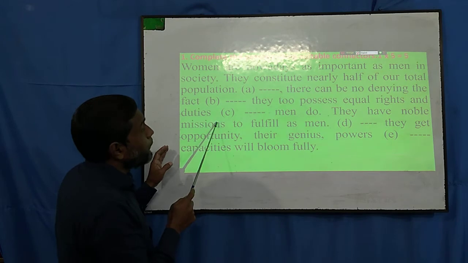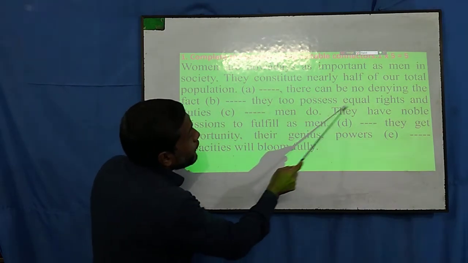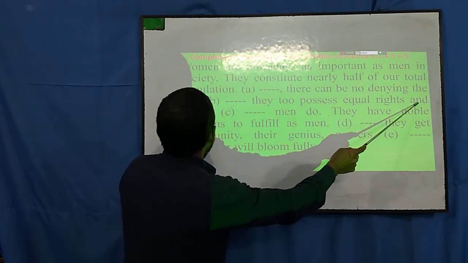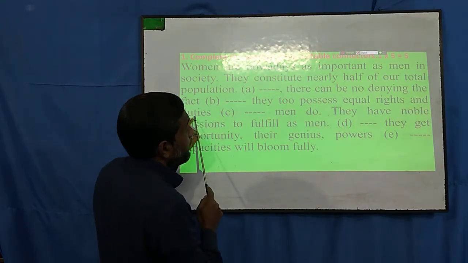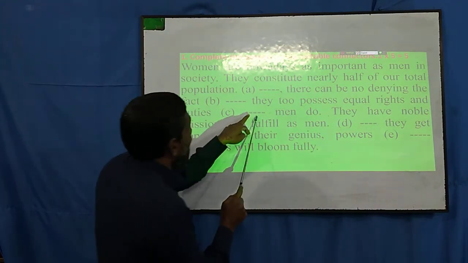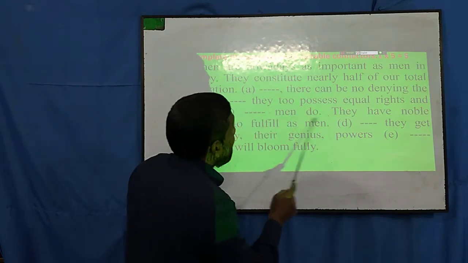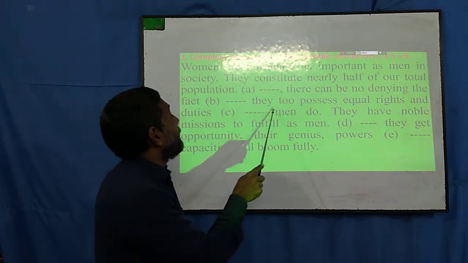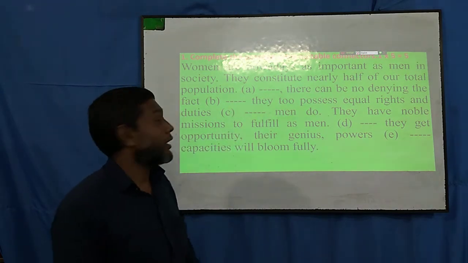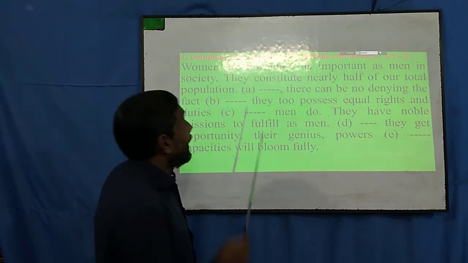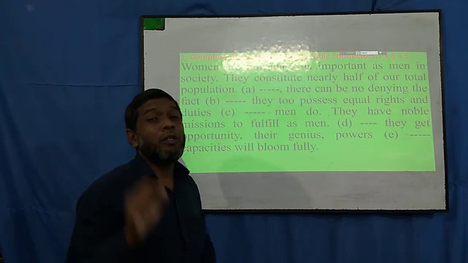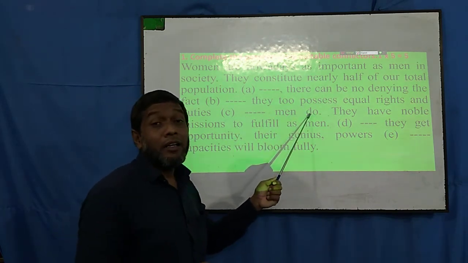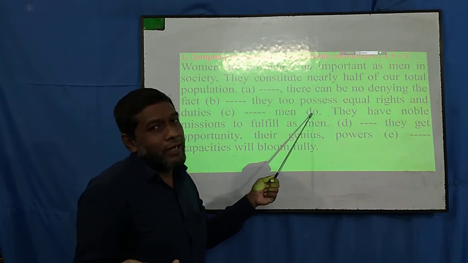If you read again, "they two possess equal rights" is a clause, and "duties" and after the gap "may do", here is a verb, so this is another clause. Again I have to use that type of connector here, just to keep the meaning with the context. So "what may do" or "as may do". Then my answer will be right.